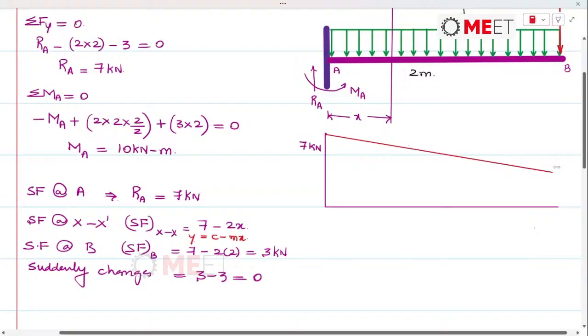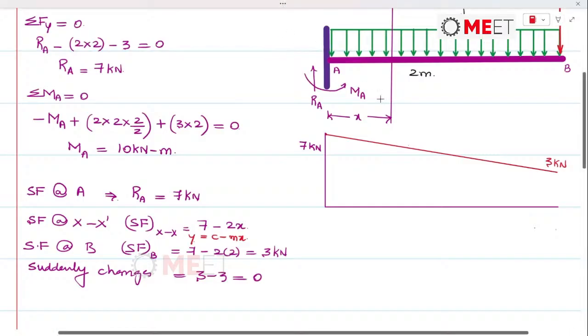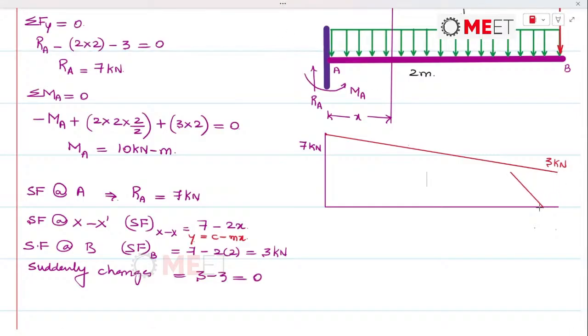From 7 it decreases to 3 kilonewtons, and at point B we find the point load or concentrated load. Due to this concentrated load, there will be a sudden drop in the shear force. So this will be positive, and this will be the SFD.